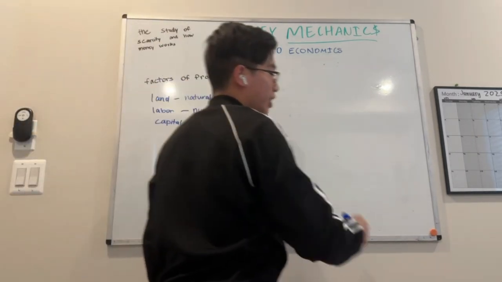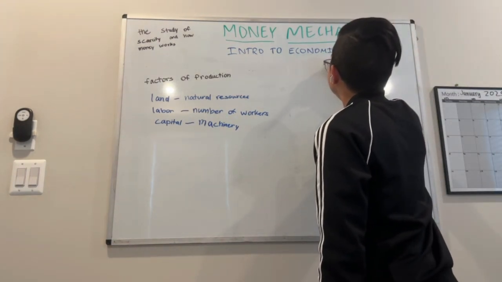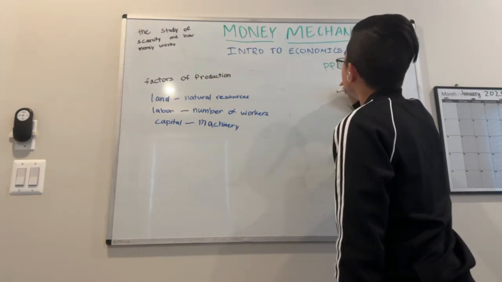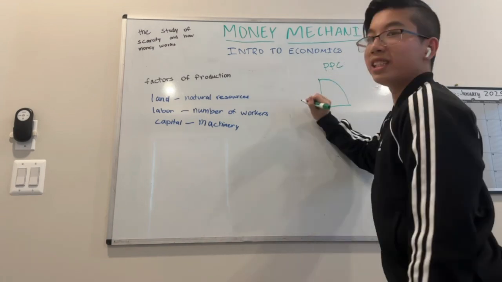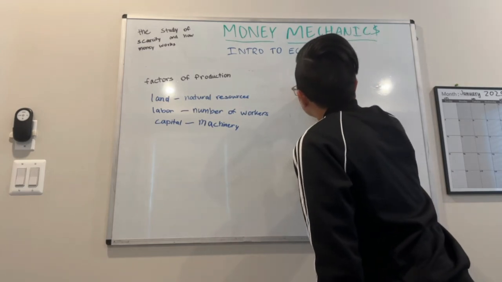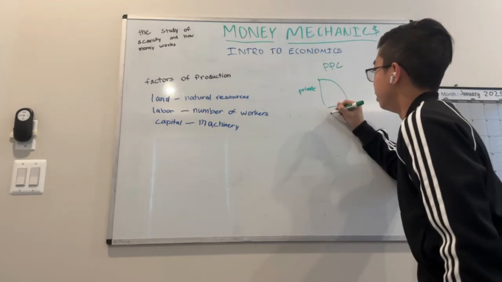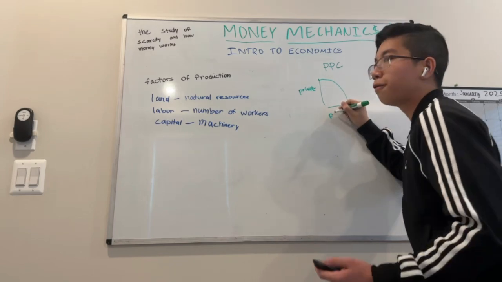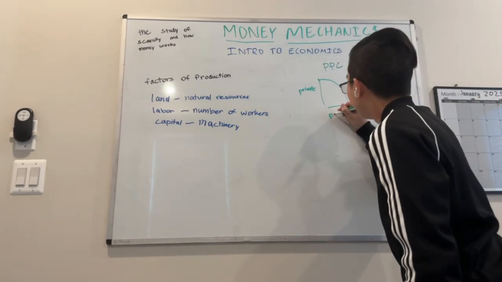And I have the production possibilities curve, or PPC for short. On one side, you have private goods. On the other side, you have public goods, which are goods and services produced by the government.